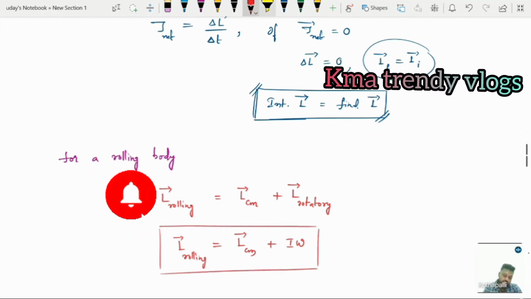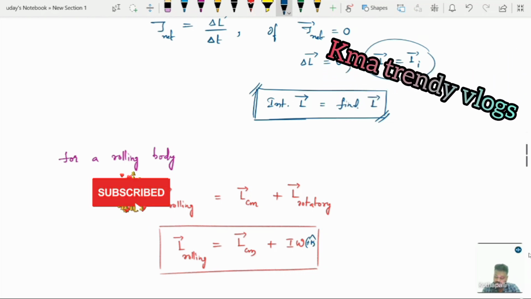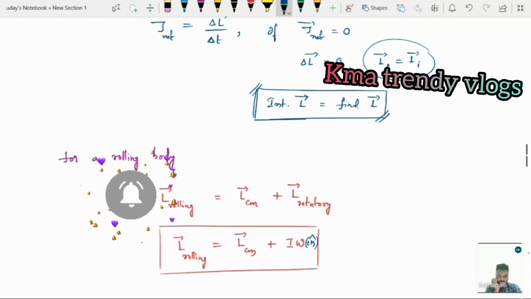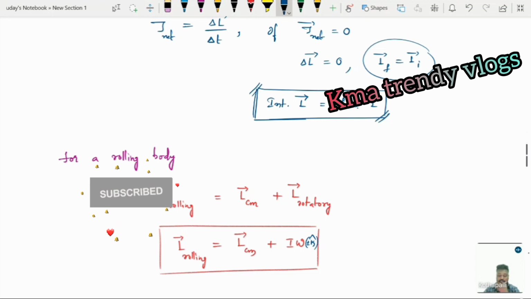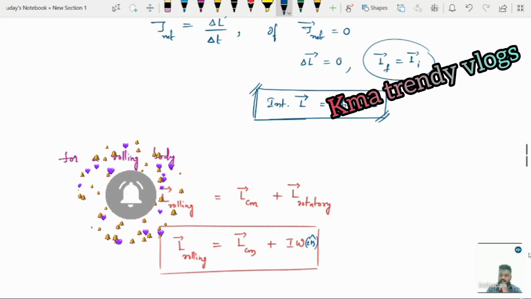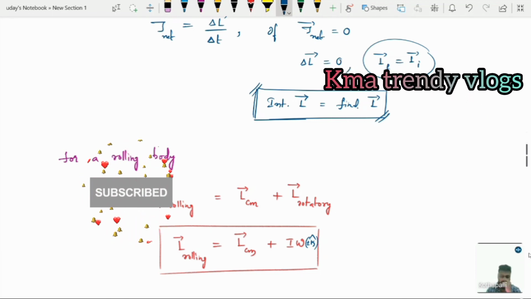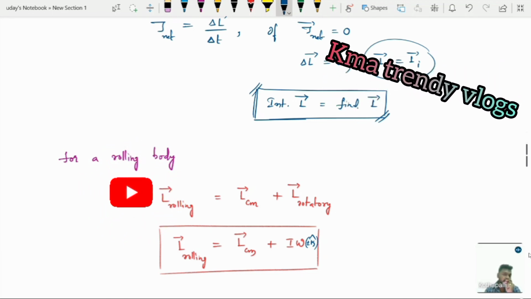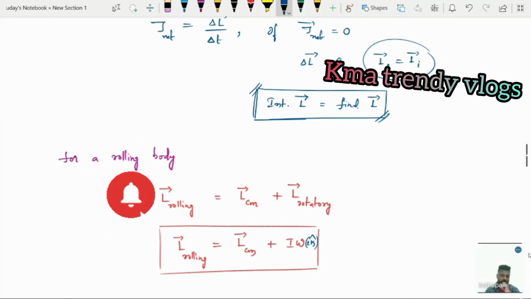Whether it is clockwise or anti-clockwise, based on that, plus or minus k cap, or plus or minus i cap, or plus or minus j cap will be decided. But it is I omega only. And here one more important point. When you are calculating the angular momentum of the translatory part, you must take the reference from the observer, with respect to the ground.